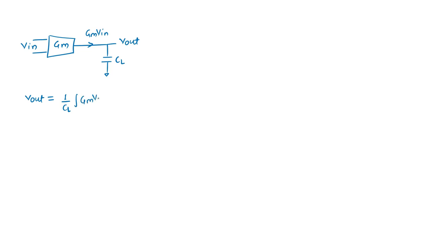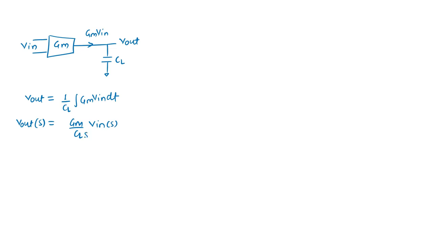So now this is my GM cell. Ideally we want an ideal integrator, which is the concept of a single stage op amp, or GM cell. What is the current generated here? The current generated is GM V in. So what is V out? My V out is nothing but the integration of GM V in dt. Now in the frequency domain, we can write it as GM by CL S times V in.